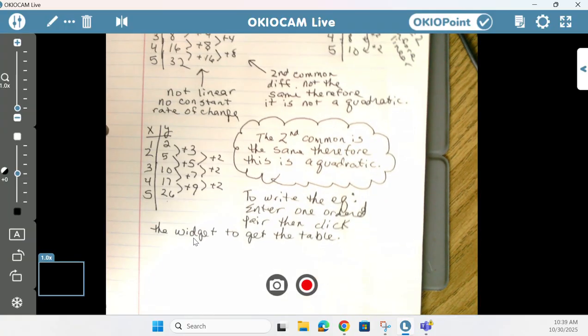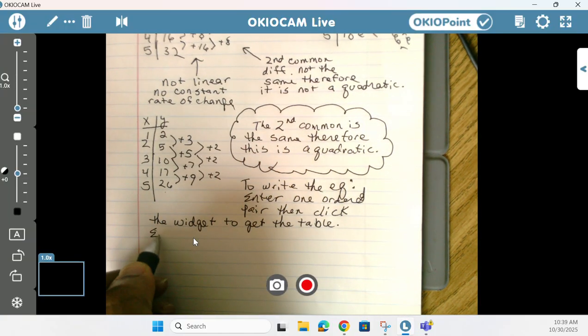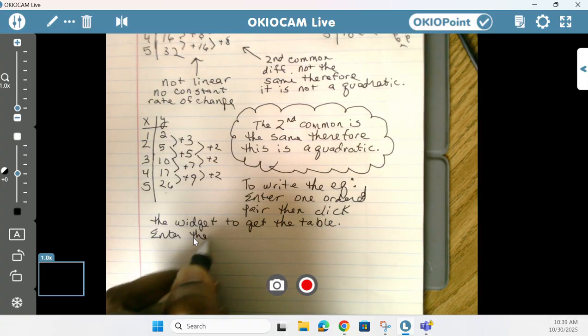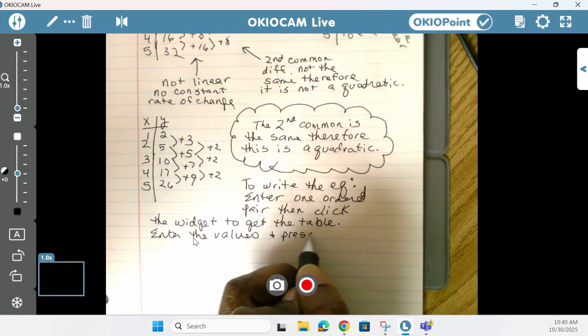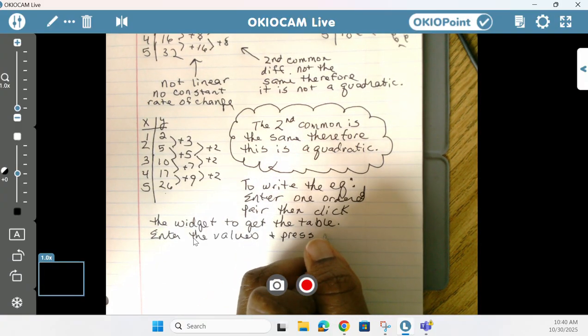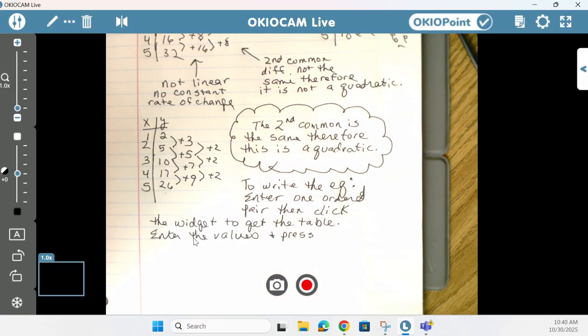You enter all of the values and press... I don't know how to describe this.